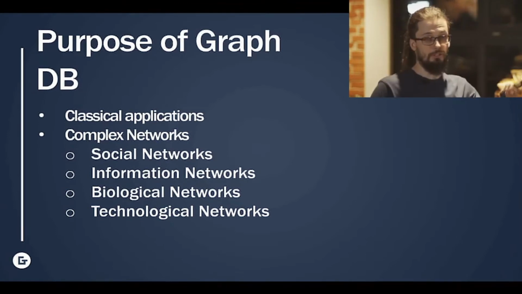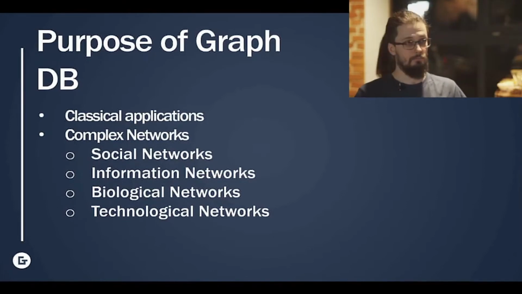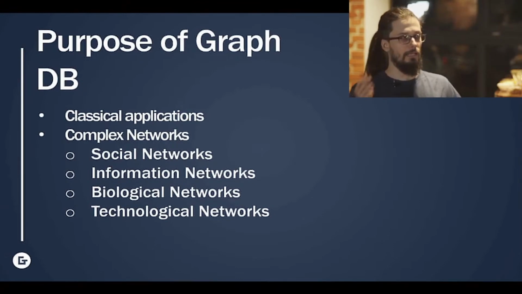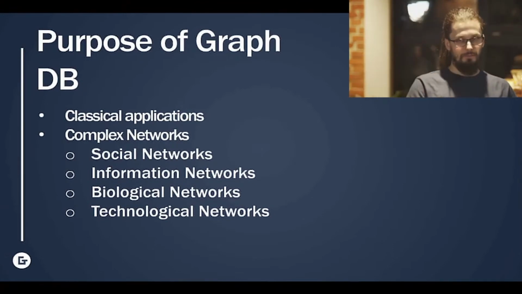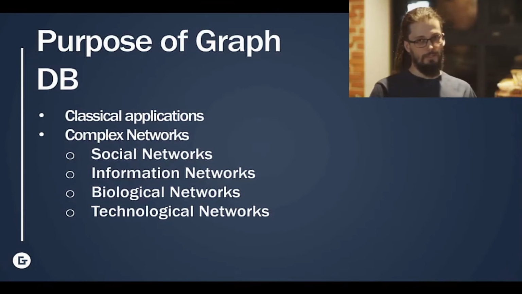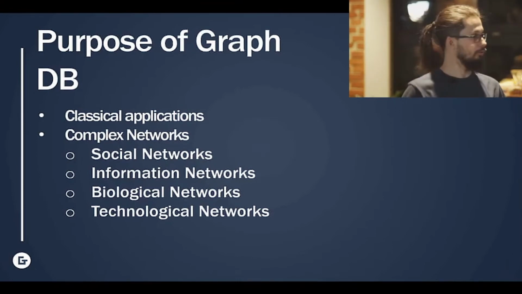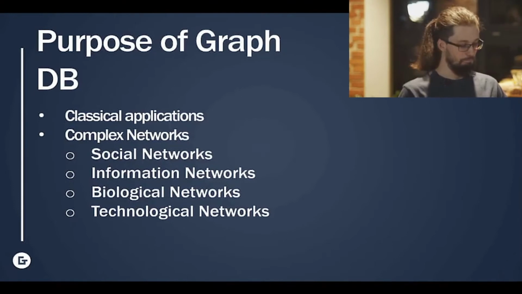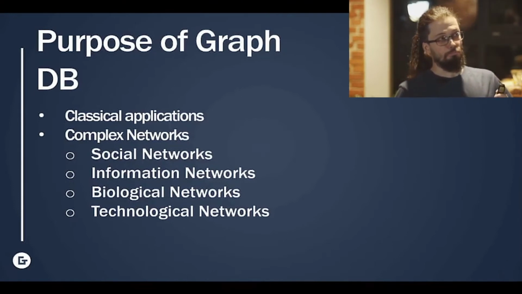Technological networks, so spatial and geographical stuff, like air pathways, or mobile networks, you name it, right? And in every one of those examples, a graph database will work better, faster, and more effectively than the other solutions. Okay?